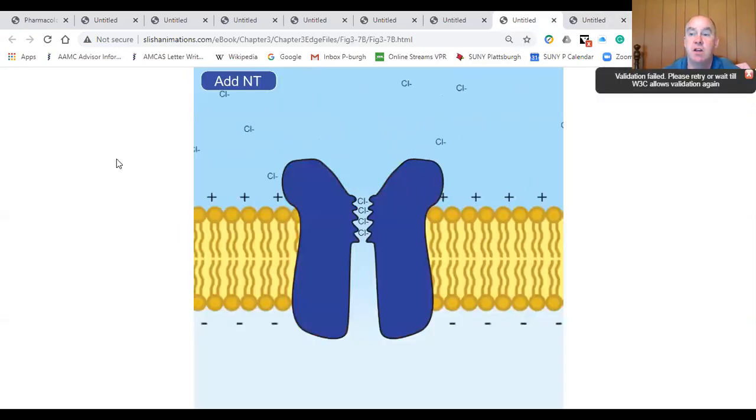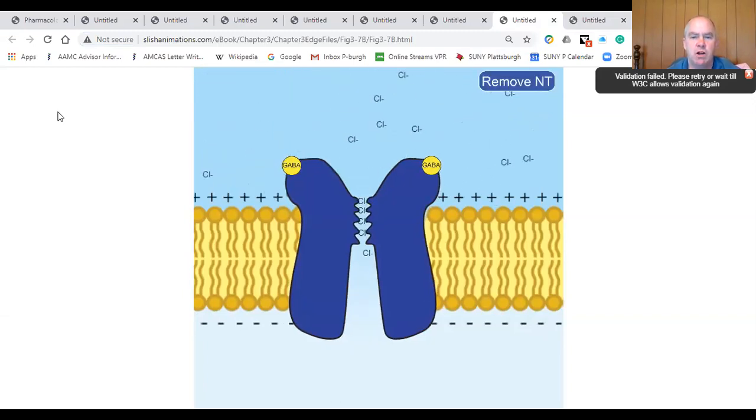Okay, here's our IPSP, inhibitory postsynaptic potential. Look how much negative charge is here. And now we're going to add some GABA to this. And more chlorides coming in, now we've got more negatives. So that's an inhibitory response. So again, going back to our neuron, you've got excitatory responses and inhibitory responses.